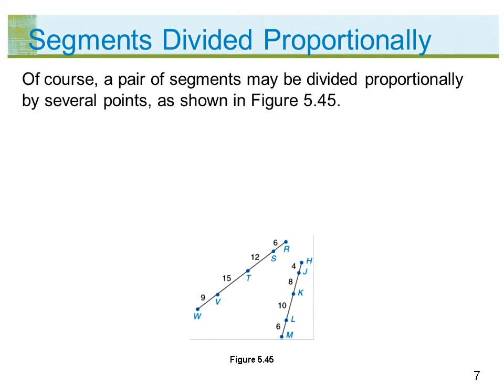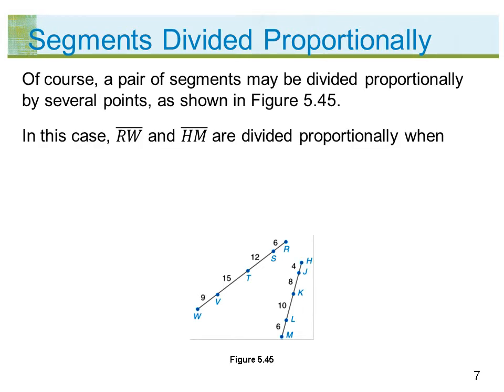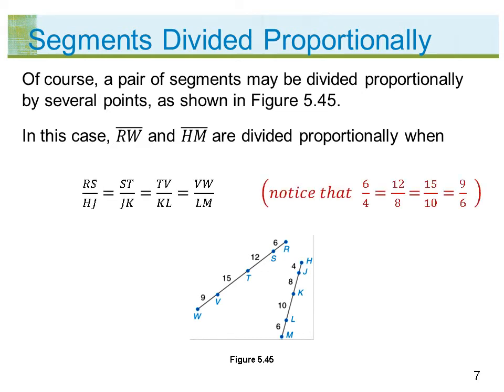Of course, a pair of segments may be divided proportionally by several points, as shown in figure 5.45. In this case, segment RW and segment HM are divided proportionally when RS/HJ = ST/JK = TV/KL = VW/LM.